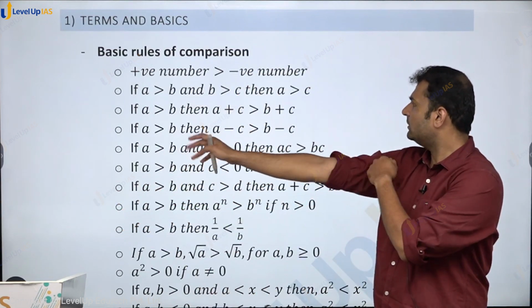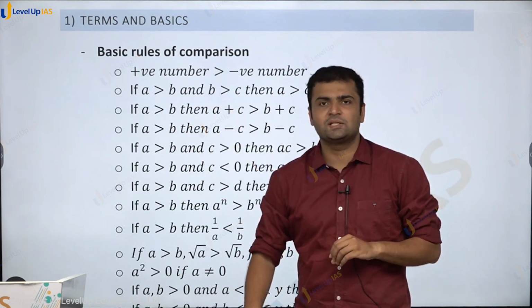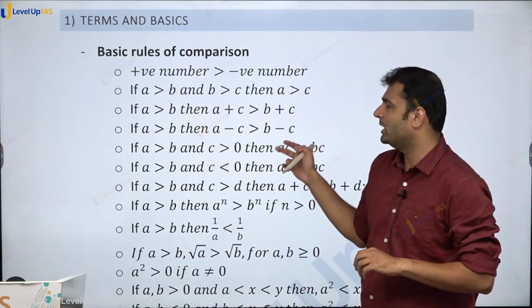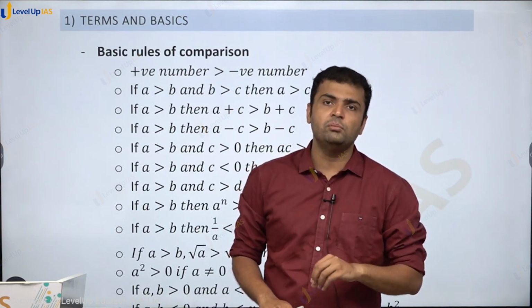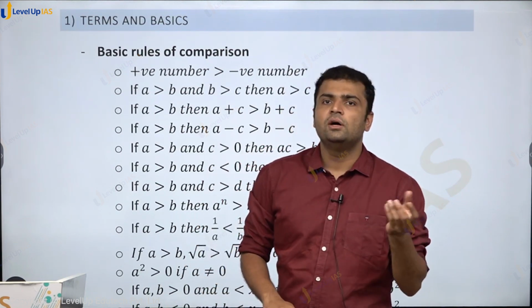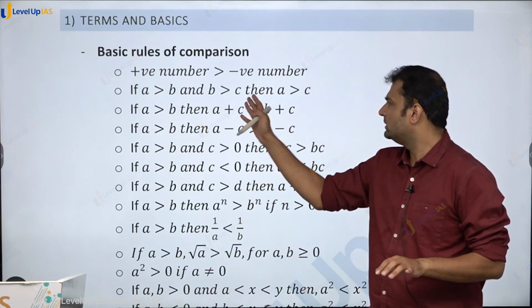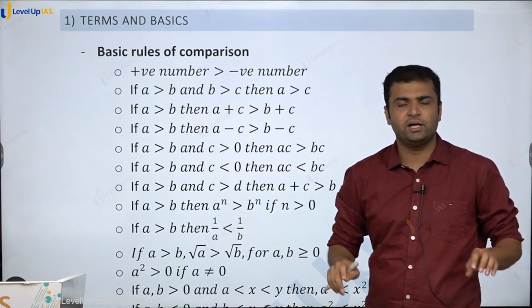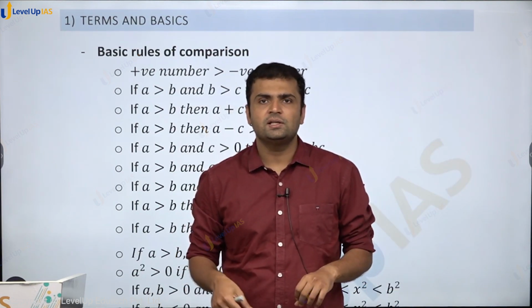Next, A greater than B, then A plus C greater than B plus C, or A minus C greater than B minus C. So adding a constant or subtracting a constant from both sides of an inequality does not change the inequality. Either add on both sides or subtract, doesn't matter. Because addition or subtraction, what is that? It is a jump.